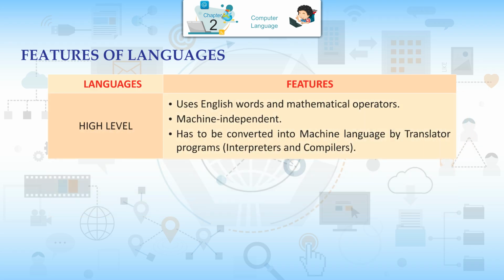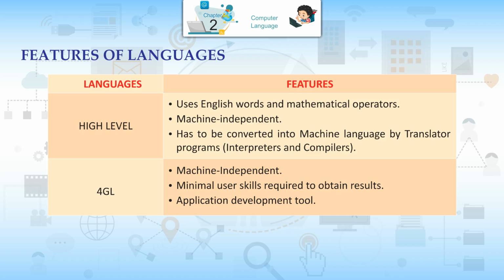High level: uses English words and mathematical operators. Machine independent. Has to be converted into machine language by translator programs, interpreters and compilers. 4GL: machine independent. Minimal user skills required to obtain results.